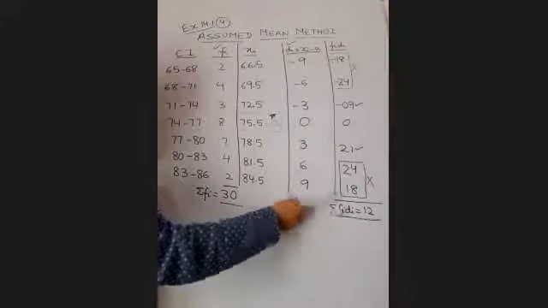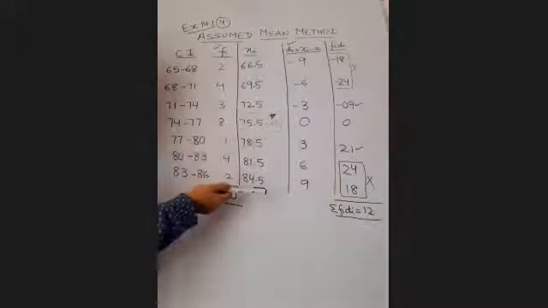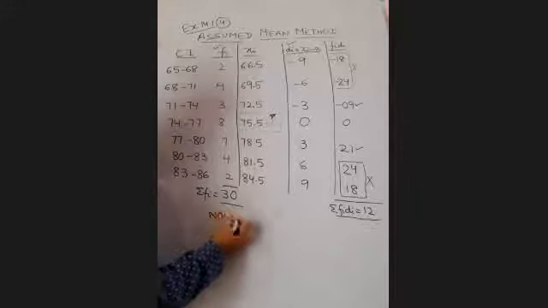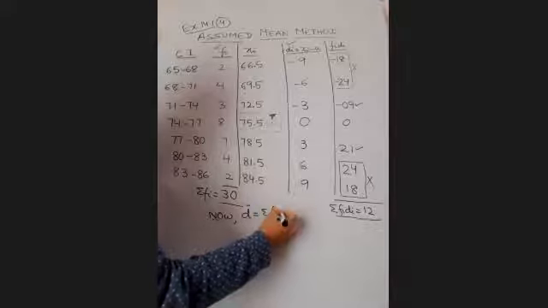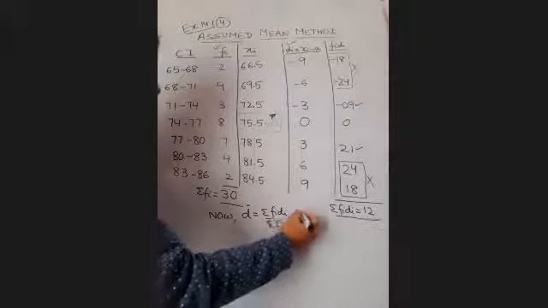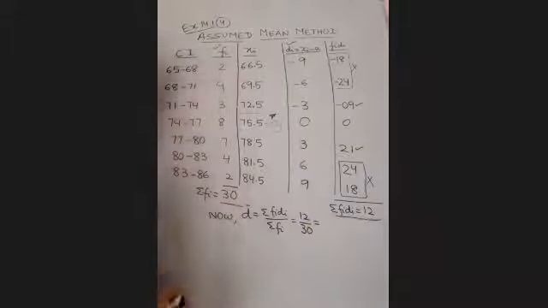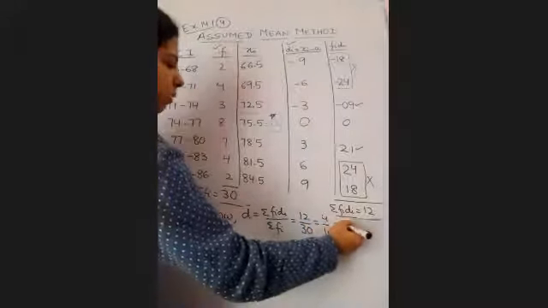It is coming positive, so that means the average will be more than the assumed mean. Now d bar, which is equal to summation fi di divided by summation fi, is equal to 12 upon 30, which is 4 upon 10, which is 0.4.